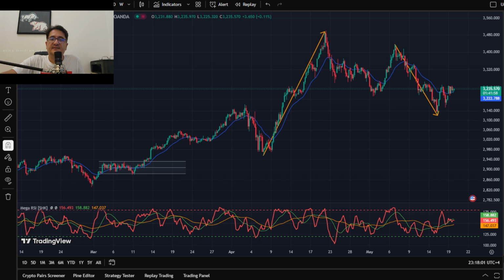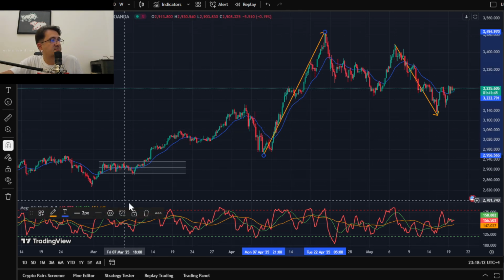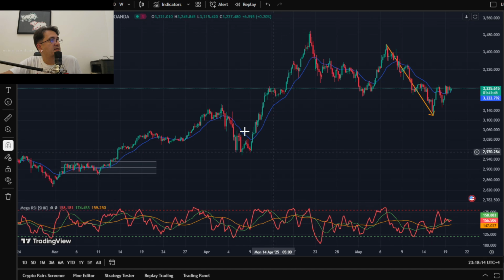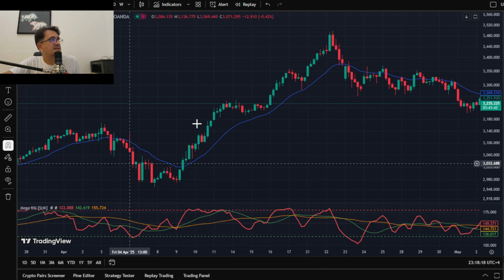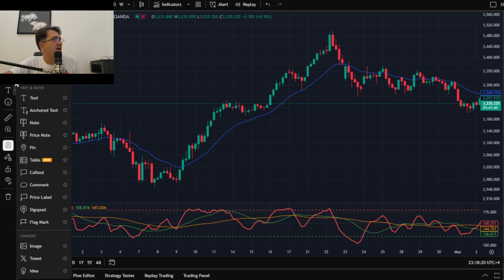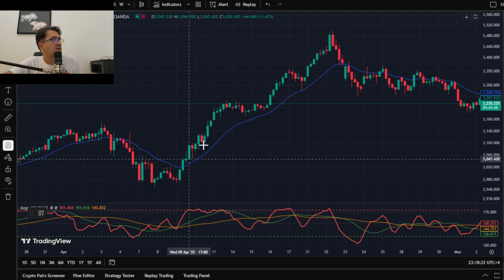An uptrend means prices are climbing, making higher highs and higher lows. So here, let me delete this first. Here, and let me expand it. Here you can see in this uptrend, we have higher highs.